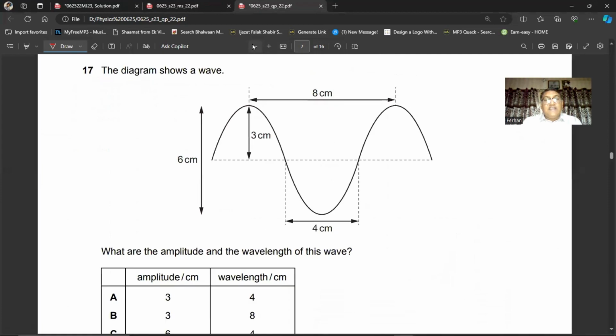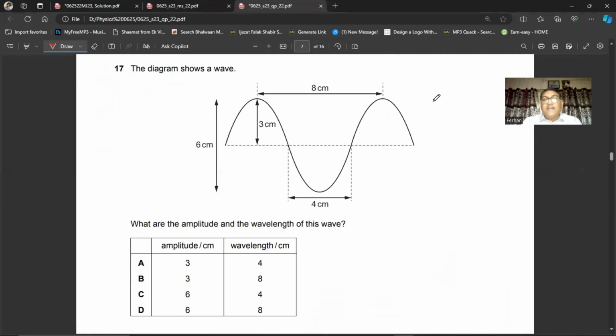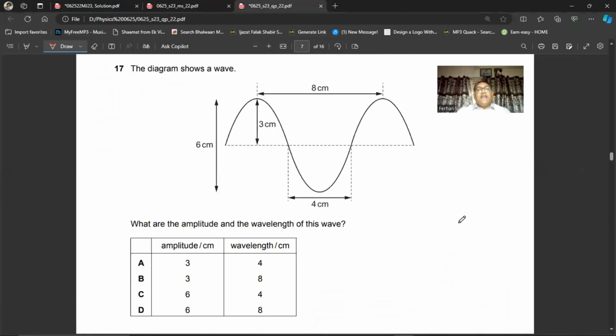In question number 17, we have the diagram showing a wave. From the mean position, how high you go, that maximum, is called the amplitude. And the distance between two consecutive points which are in the same phase is called the wavelength.